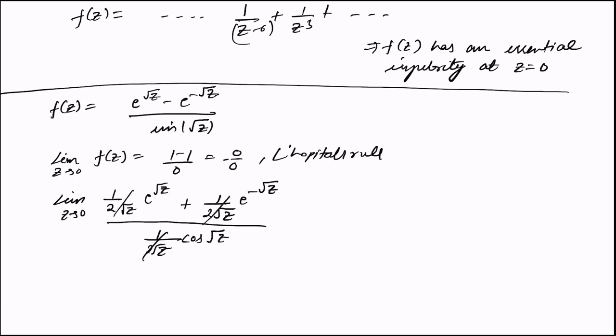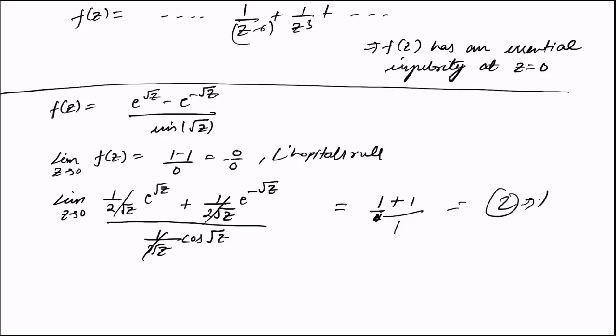Yeah, since 1 by 2 root z is cancelling out everywhere, we just put z equal to 0: e to the power 0, which is 1, plus e to the power minus 0, which is also 1, divided by cos of 0, which is 1, so it is 2.